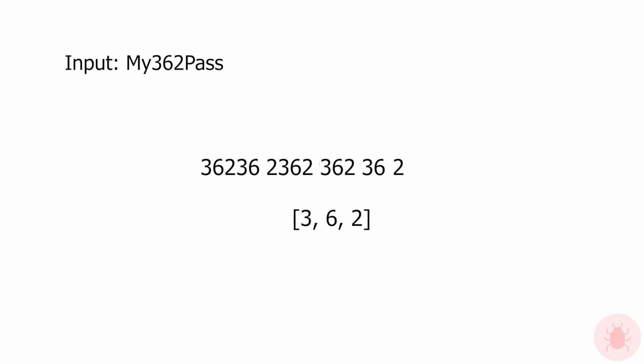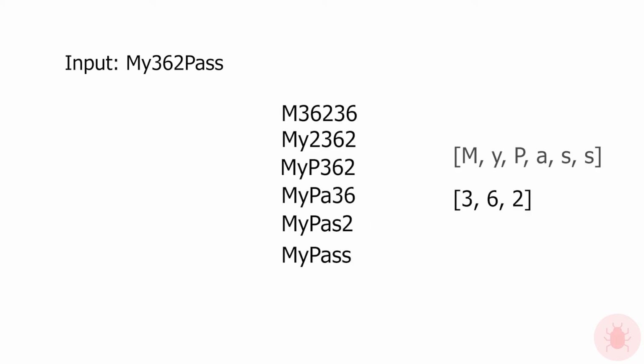Let us understand this more clearly by using the example given. Line number 1 starts with the alphabet M, followed by the repetition of the numbers given in the input string, which are 362, 36, and the next character in this line should have been 2, following the pattern that we have observed.